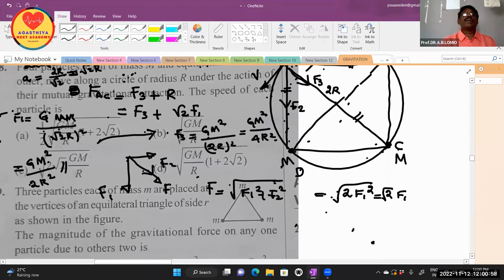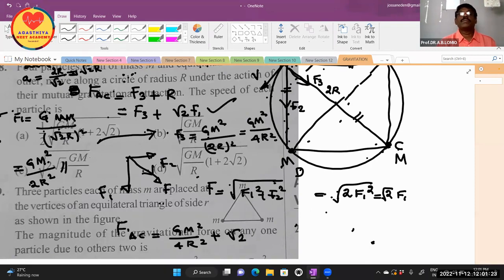Now I'm going to calculate the resultant force. F3 is GM squared divided by 4R squared. And F1 is the resultant force, root 2 F1. See here, F3 plus root 2 F1, where F1 is GM squared divided by 2R squared.